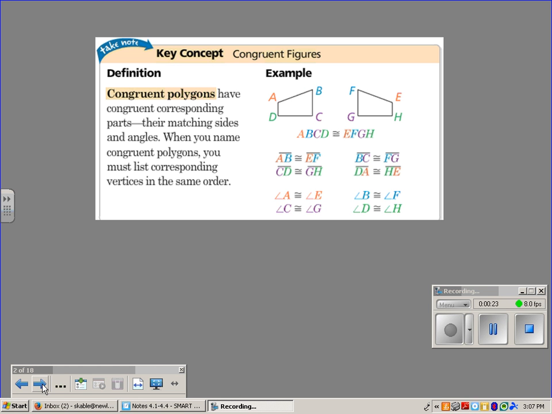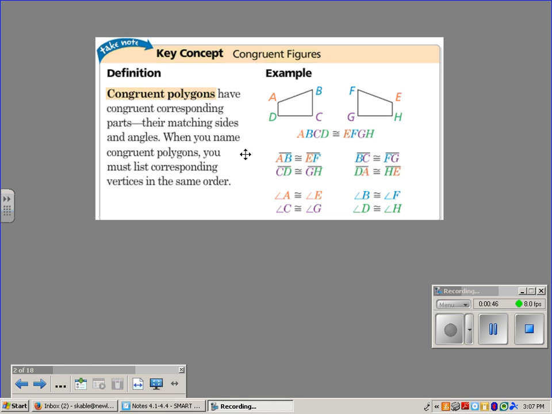Today our key concept is what it means to be congruent, to have congruent figures. Congruent polygons are those whose matching parts, their corresponding parts, have to match. Here we have it color coded on the screen. For example, angle A matches with angle E. Angle H would match with angle D, and so forth.